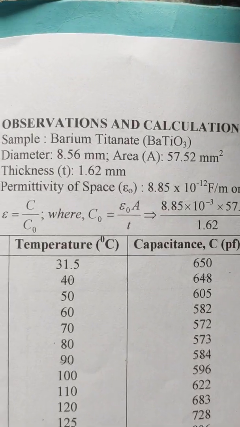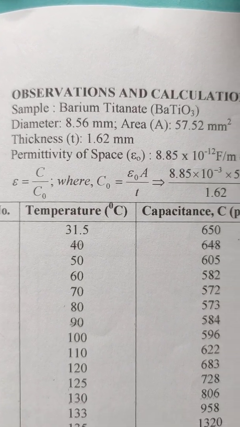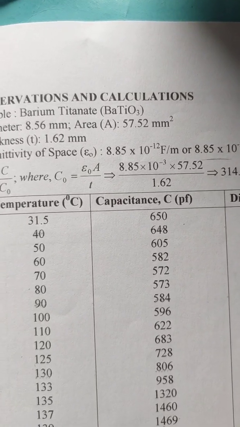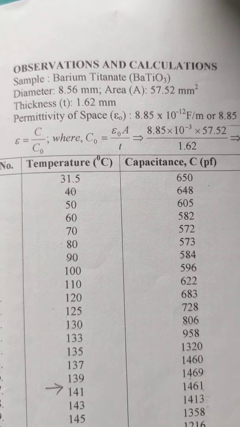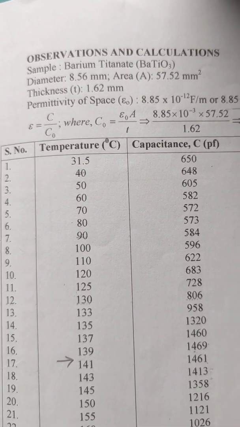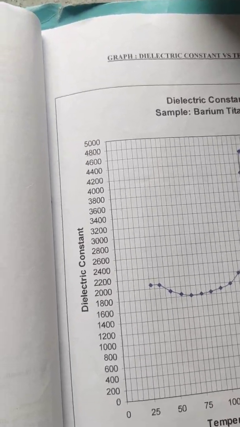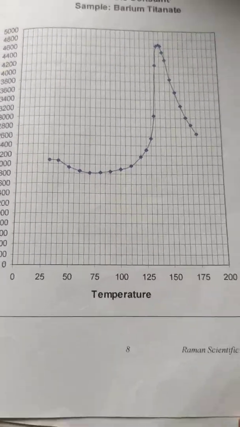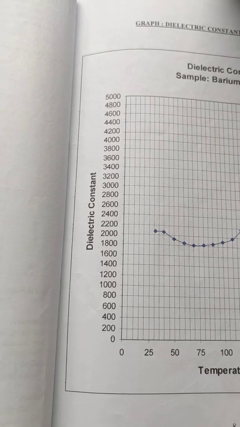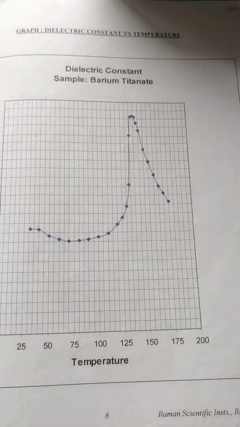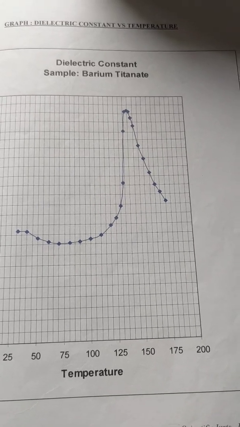Here is the formula, showing how to tabulate all the readings and put them in the formula to get the result. After doing this, you have to plot a graph between temperature and dielectric constant just to get the Curie temperature.